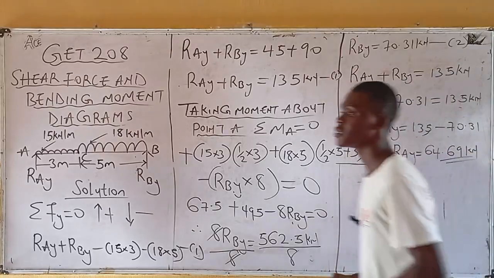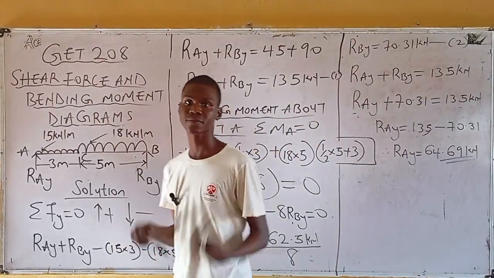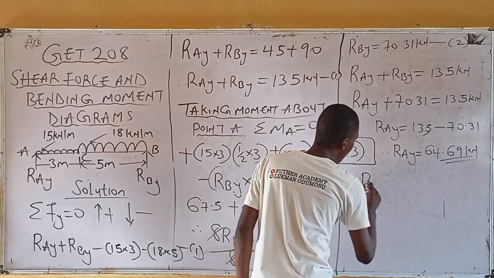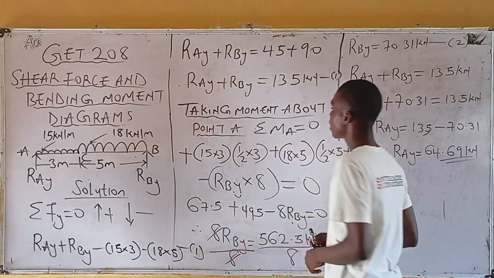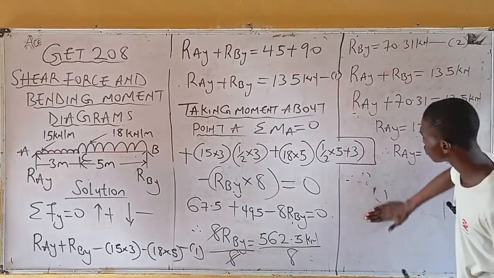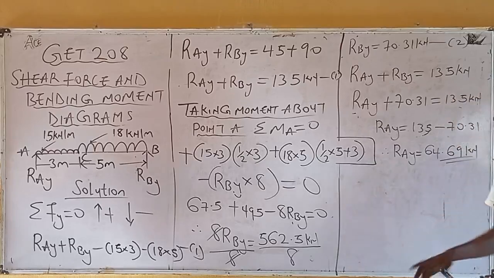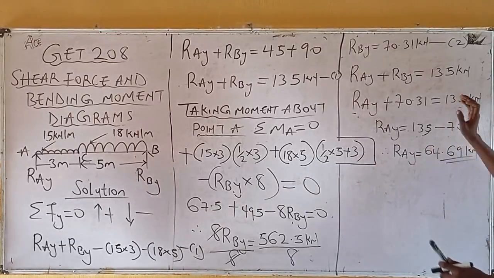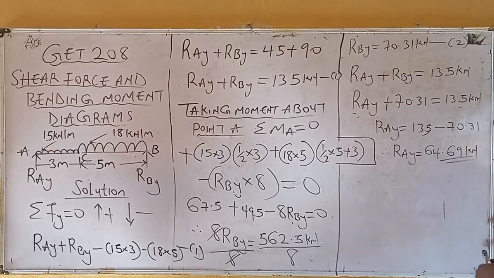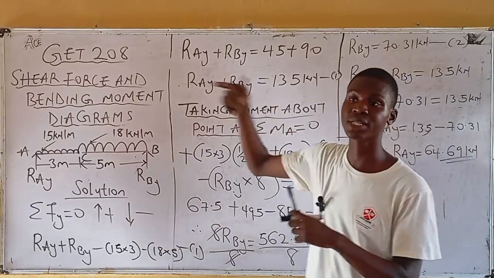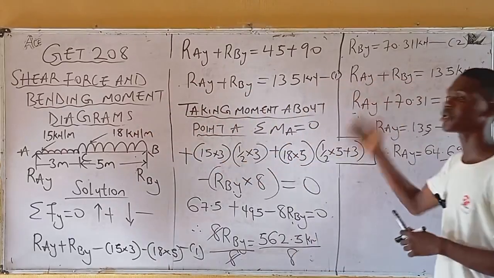Any question? No question. Therefore, how I love writing mine is that once I've done my calculation up to this level, if the question says calculate the support reaction, I'm just going to write that therefore the values of the support reaction are 64.69 and 70.31 respectively, meaning RAY and RBY.